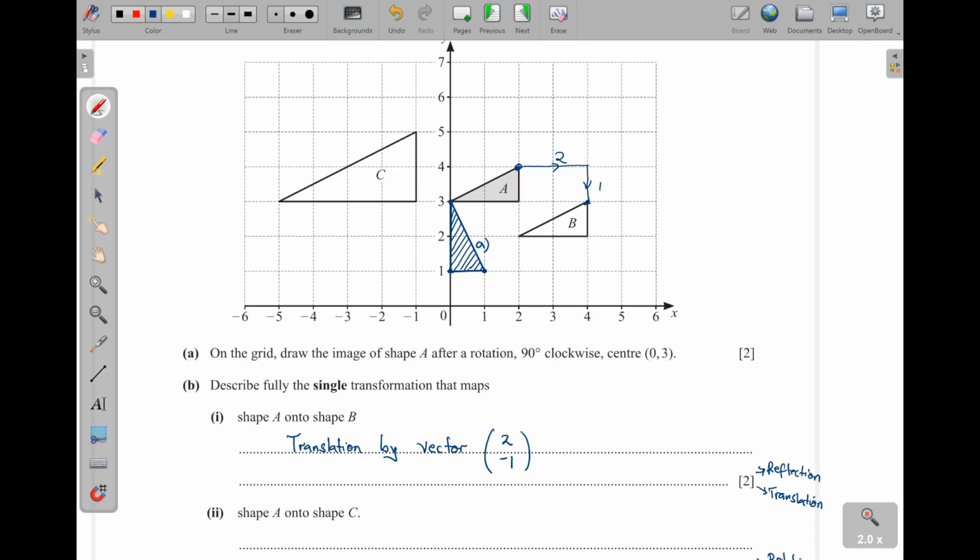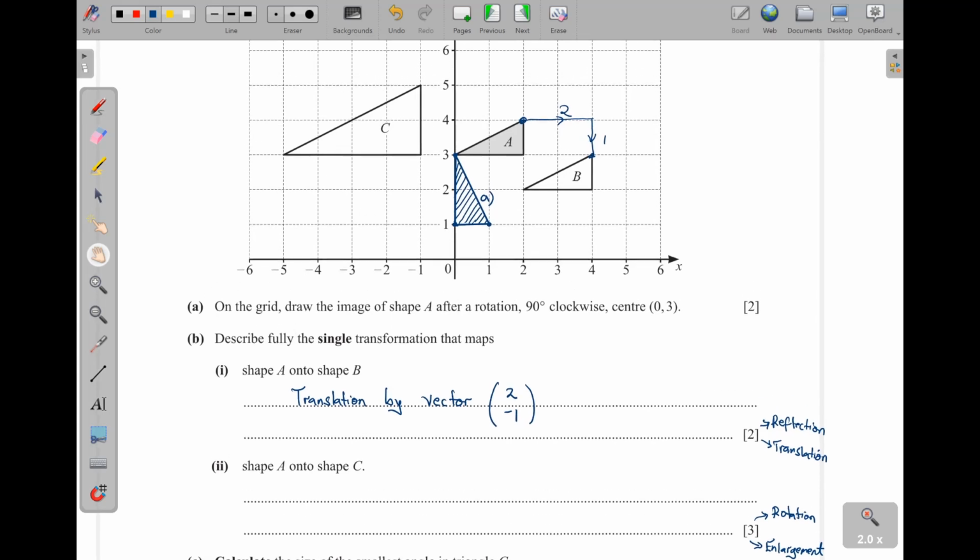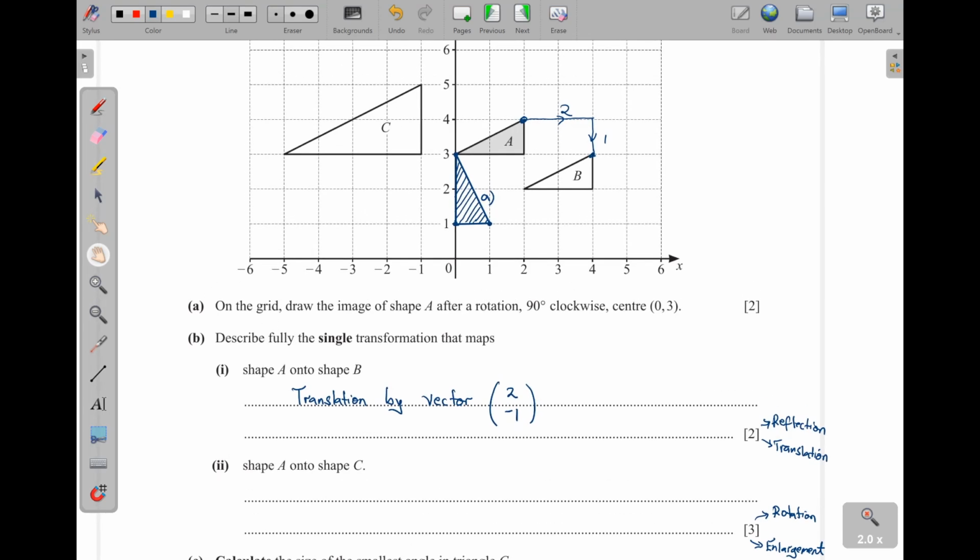Then Roman 2, shape A onto C. For enlargement, for reflection, translation, and rotation, the object and the image are congruent. They are the same size, okay? But for enlargement, you will see that one of them is bigger than the other. So you can see that if you are transforming this shape A onto C, C is already bigger than A, so that has to be enlargement.